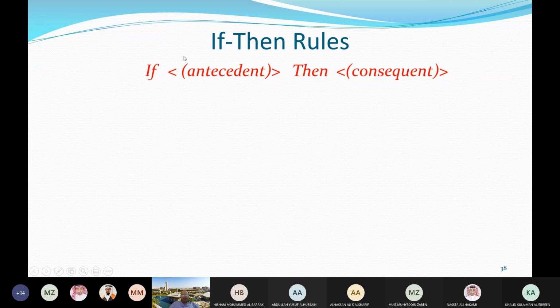So at first you calculate this part, and based on this value, you know the value of this. And usually, if this is true, then this consequent will be true. If it is 50% true, this will be 50% true also. If it is 20%, this is 20%, and so on.